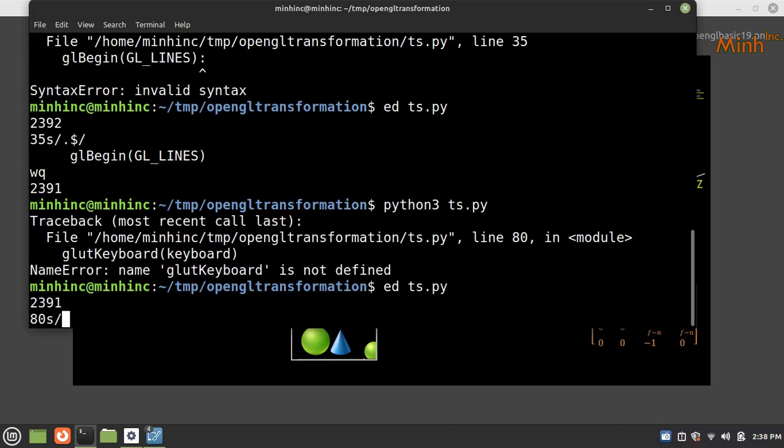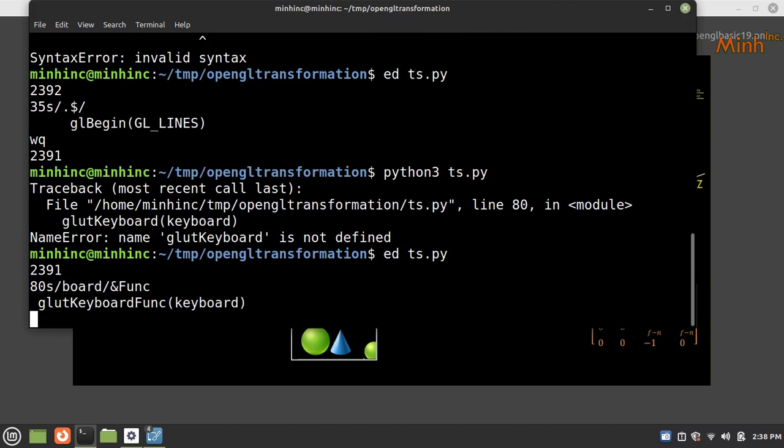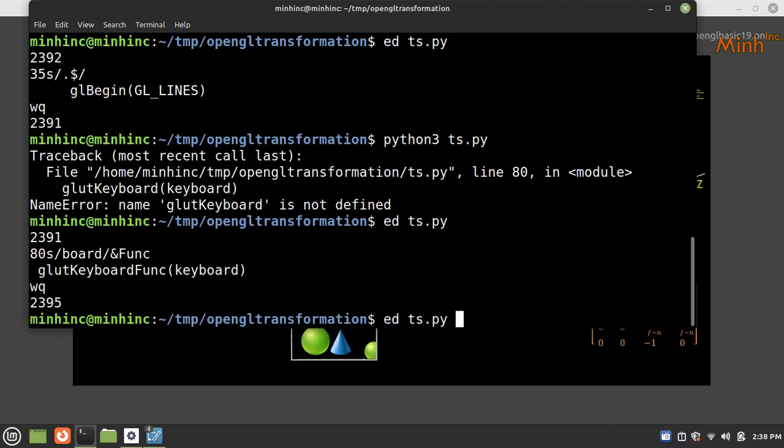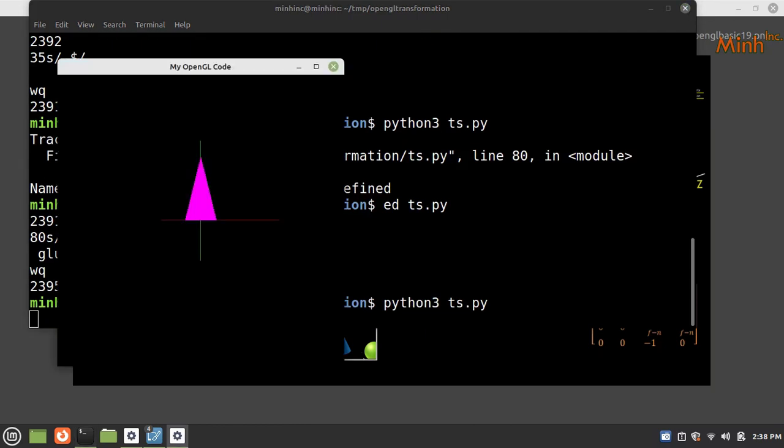So glut keyboard function is keyboard. Oh, okay, so it is coming. That we can see.